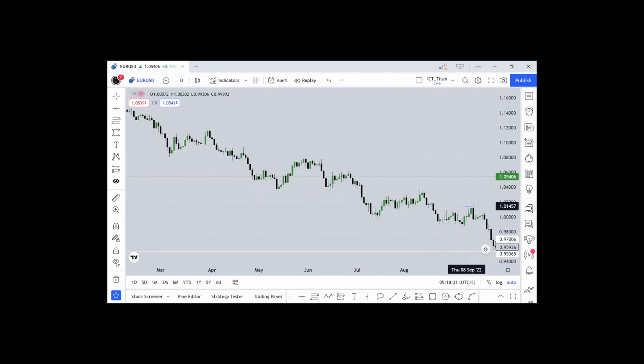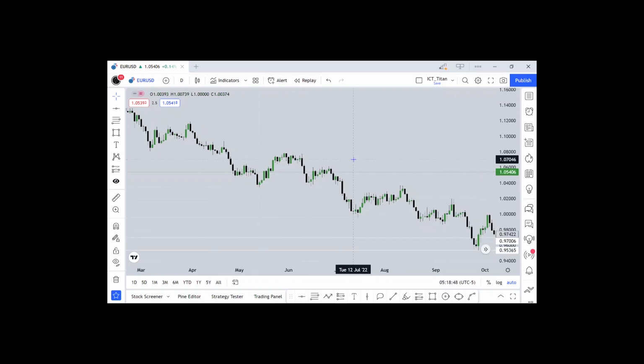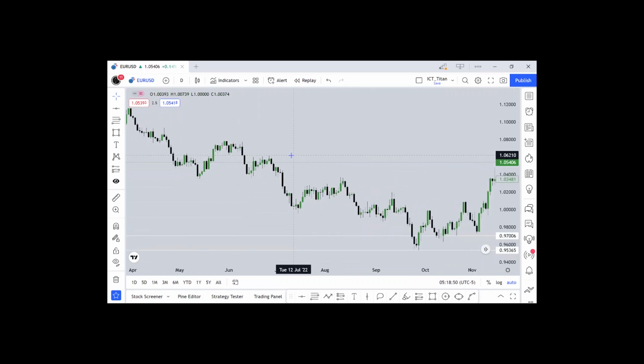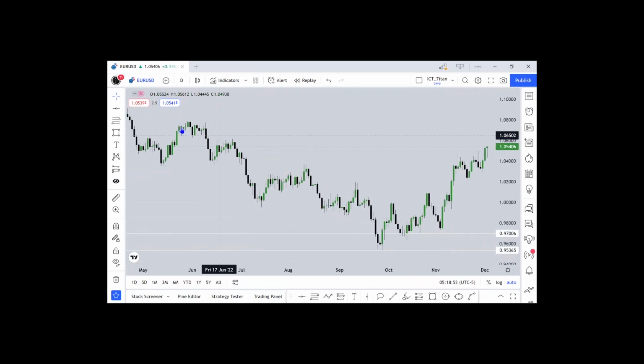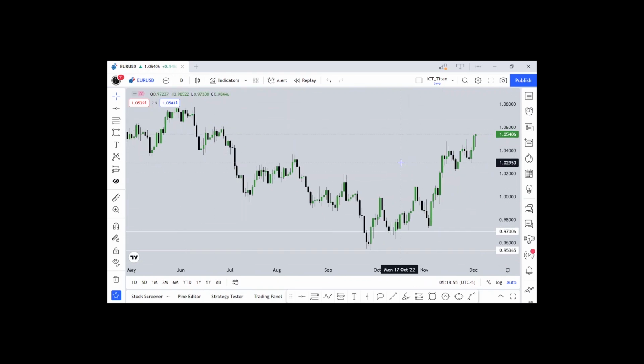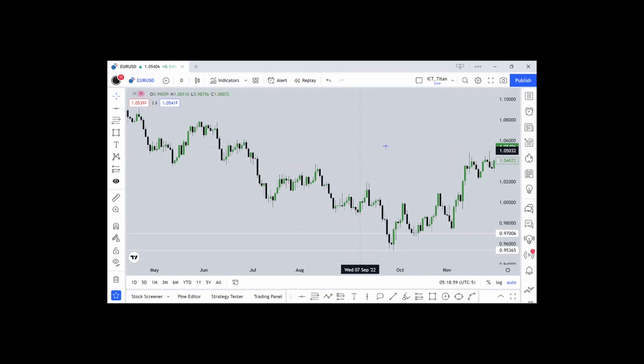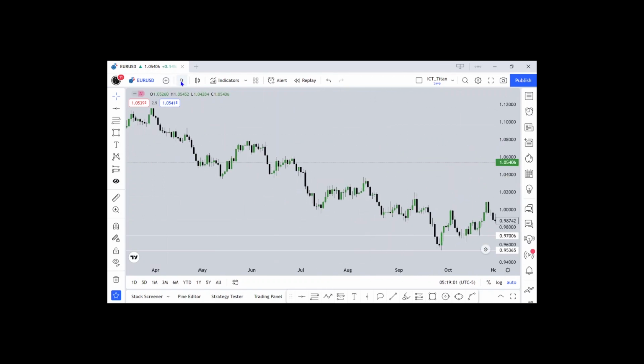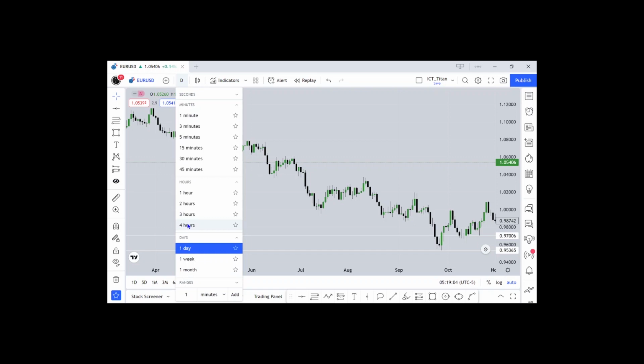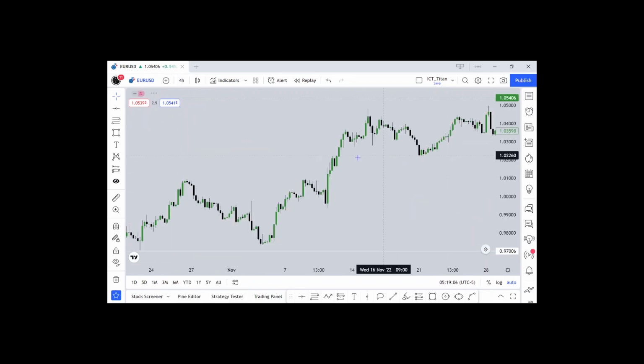And this is our point of interest, the buy side liquidity. We don't know clearly up to where it will trade. Maybe it will trade up to March of 2023. The euro dollar will be long up to that particular point. We are not certain of that, but according to previous analysis that I did, we can be long to that particular point.